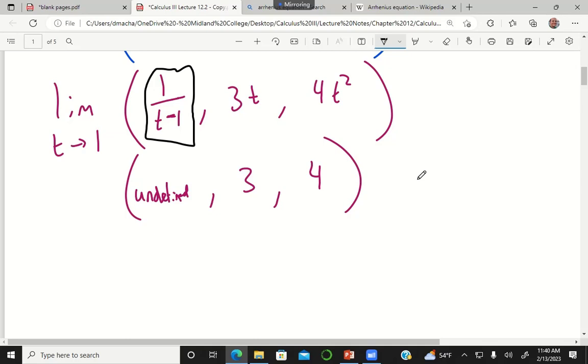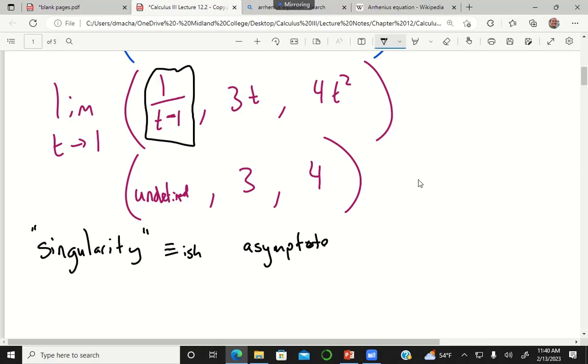Okay, so my understanding of the word singularity as it applies in the calculus sense is mostly the same-ish as an asymptote or a pole or something like this, right?